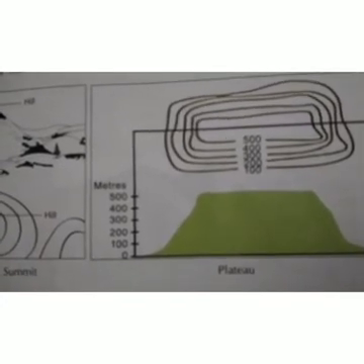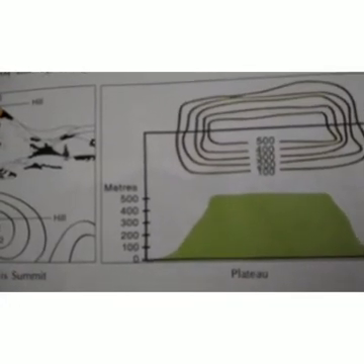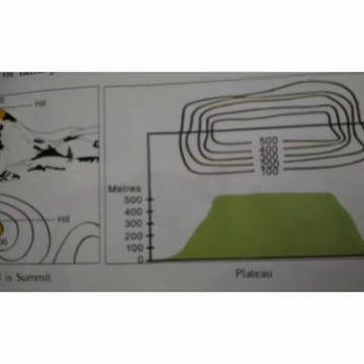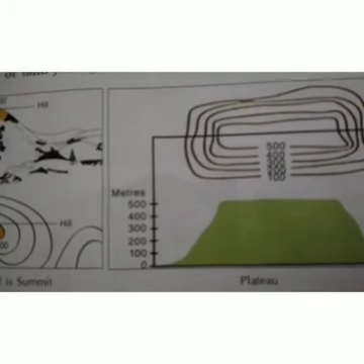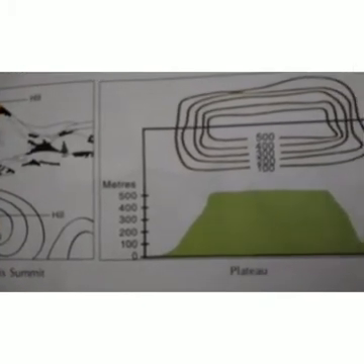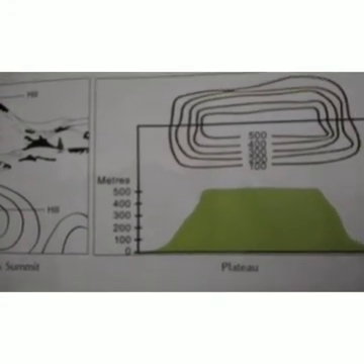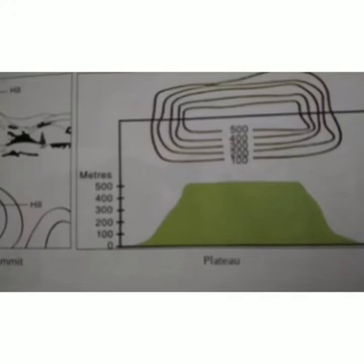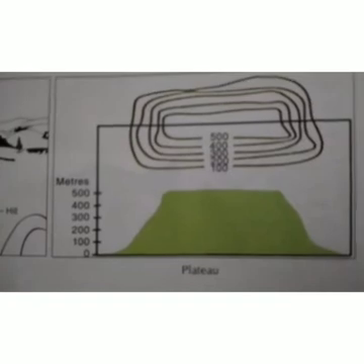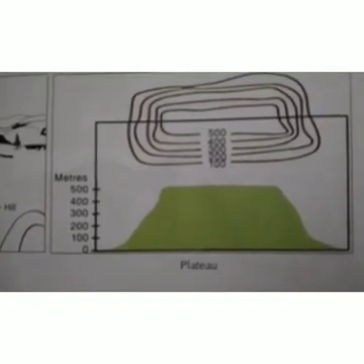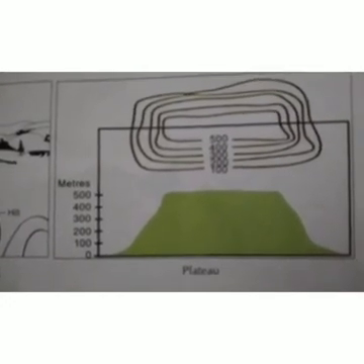So this contour heights show the presence of plateau in that region or in that area. So this is elliptical shaped contours which show the presence of plateau.